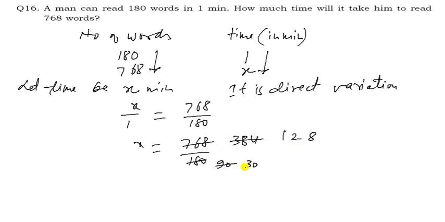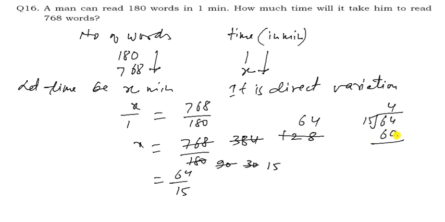Now once again it is divided by 2, 2 1s are 2, 2 5s are, and 2 6s are, and 2 4s are. So it will be 64 upon 15. So what happened? Now divide it. So 64 divided by 15. So 15 4s are 60 and we get only 4. So you can write 4 hours and 4 by 15 minute. So that is your answer.